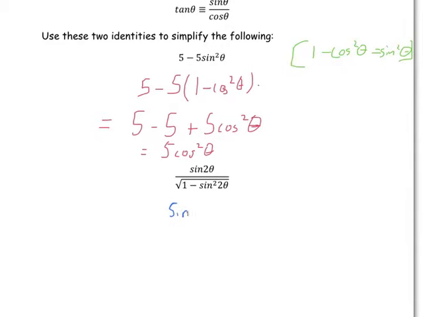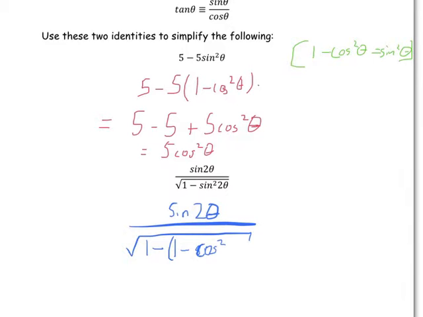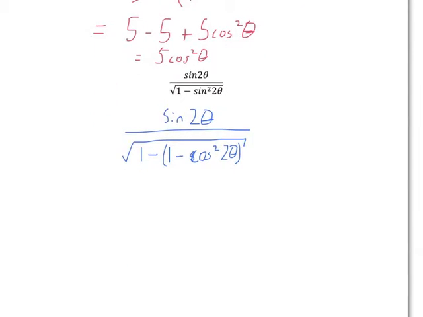So sine 2 theta divided by the square root of 1 minus cos squared 2 theta. If we sort out the bottom of this fraction now, we have 1 minus 1 which cancels out, and minus times a minus becomes a plus, so we've got cos squared 2 theta.